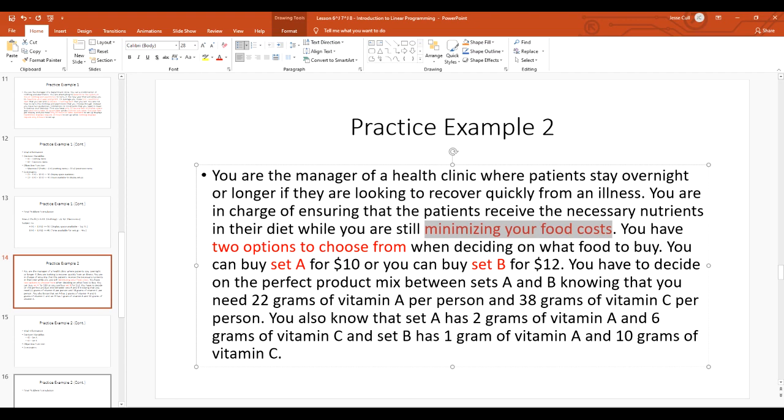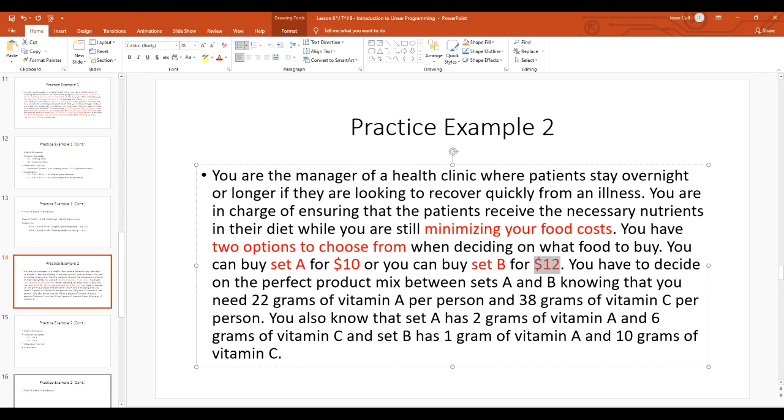And we see our numerical values. Set A is $10. Set B is $12. So we see here that we have all the relevant information. We're trying to minimize food costs if set A is $10 and set B is $12.